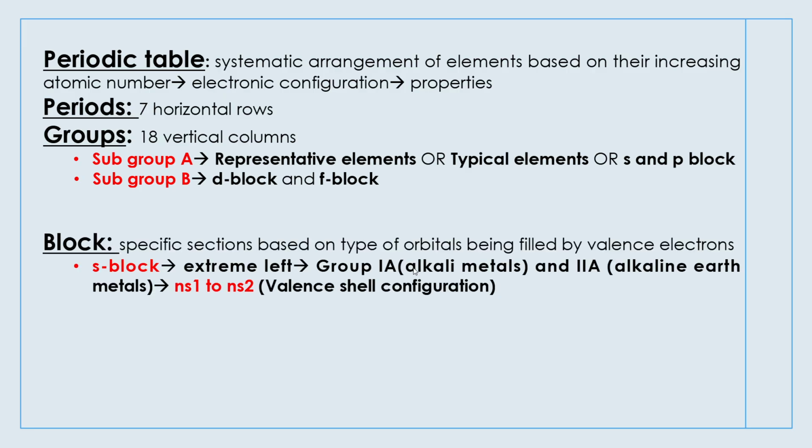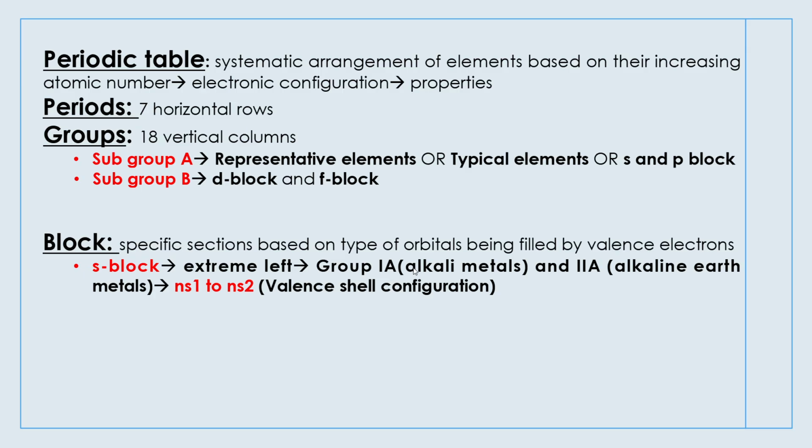Now, what is a block? A block is the specific section in the periodic table which shows the type of orbital that is being filled by the outermost electrons. For example, we have S block. The name itself says the block is S. It means the outermost electron will be present in the S orbital. We know that S block is on the extreme left.